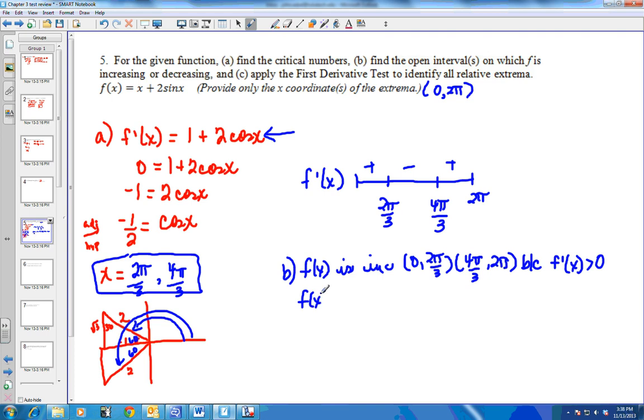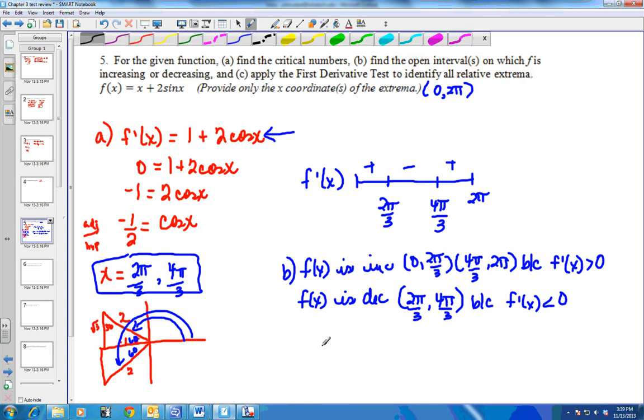F of x is decreasing from 2 pi over 3 to 4 pi over 3 because f prime of x is less than 0 or negative on the interval.